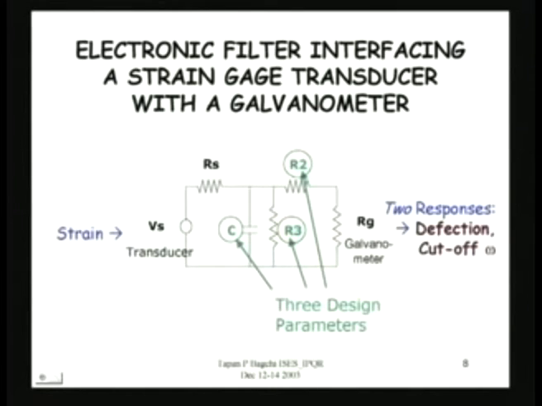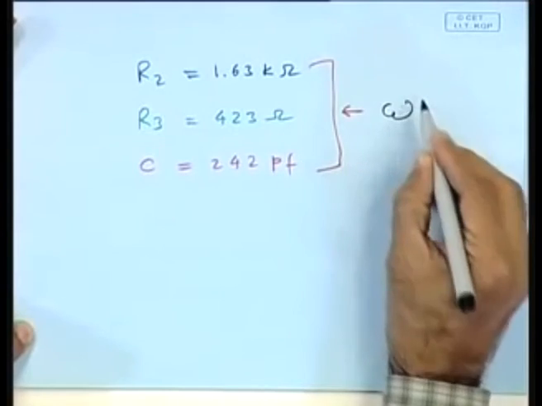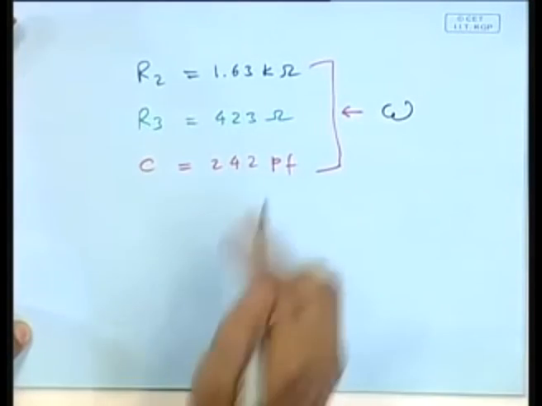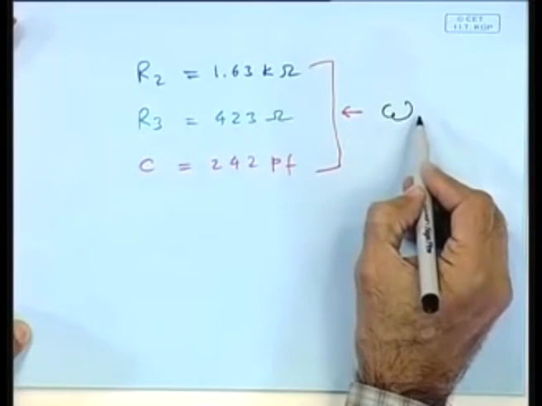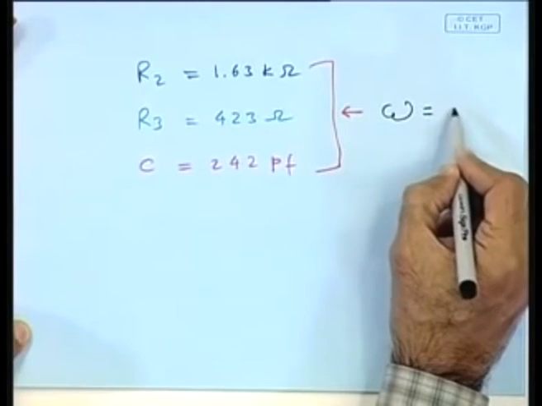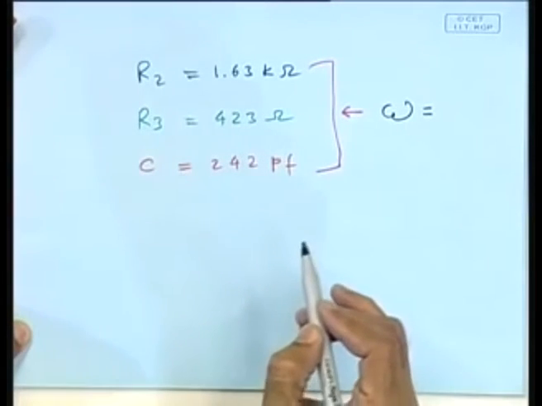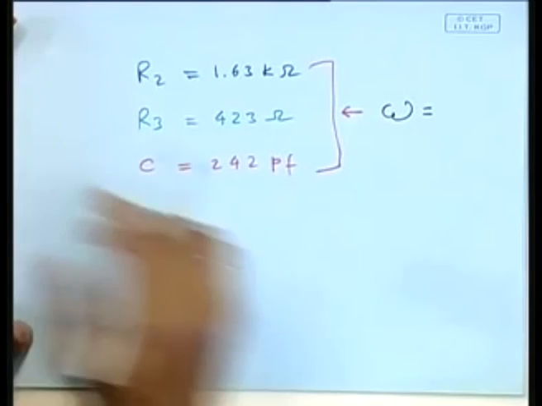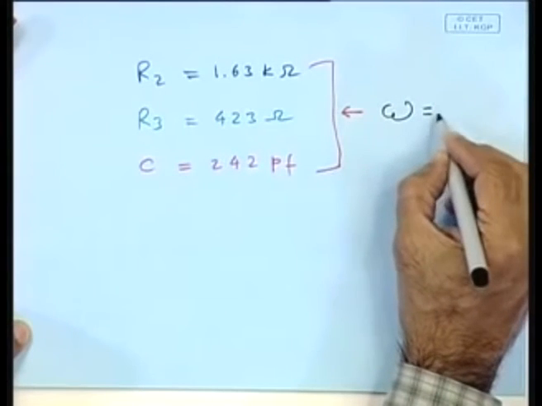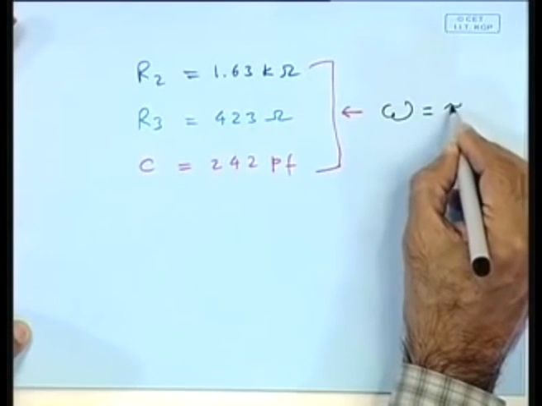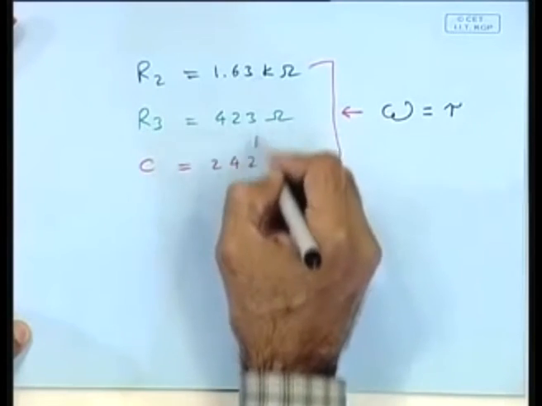If I've got some cutoff frequency omega, I can pick these in such a way that this omega can be made equal to exactly whatever you want. We will see in a minute what the target value is going to be.